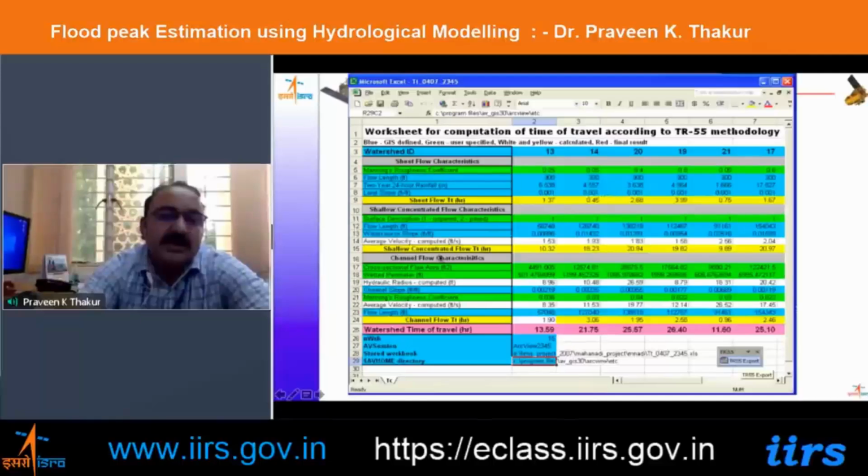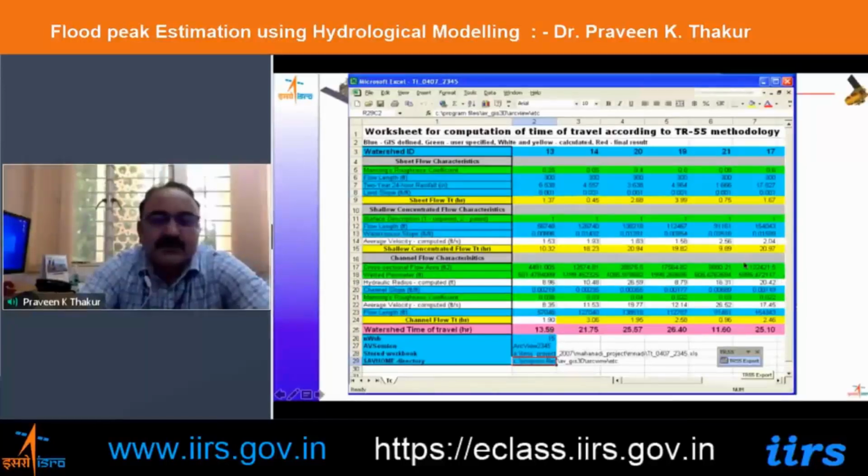The green one a user will provide, and then finally this white one will be computed, and for each sub watershed you calculate the summation of TC by this sheet flow, interflow, sorry, overland, and channel flow.